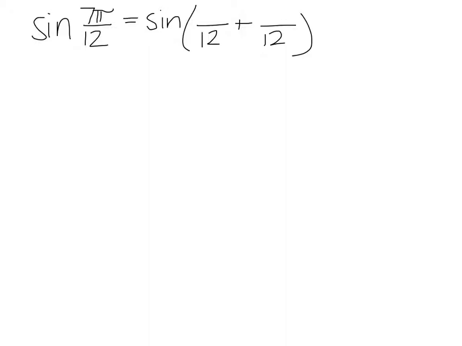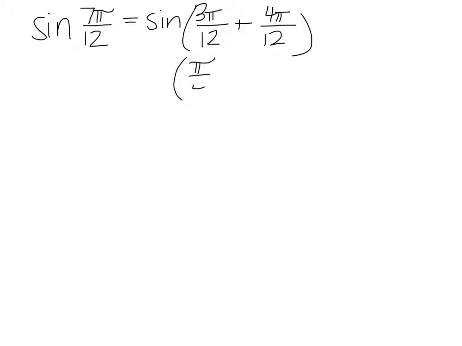Okay, let's try 3 and 4. Let's say 3 pi over 12 plus 4 pi over 12. Now, 3 and 4 add to give us 7, but those will only work if they're reference angles on the unit circle. What does 3 pi over 12 simplify to be? Pi over 4.